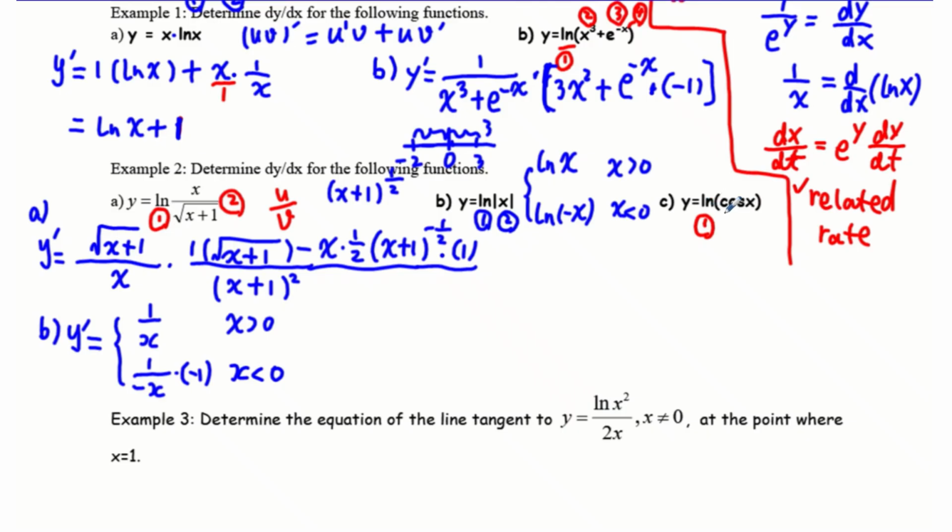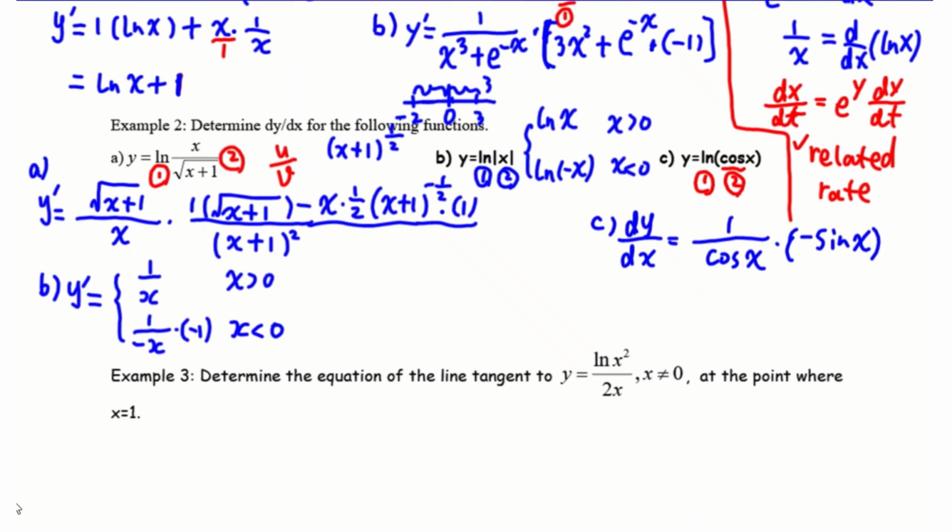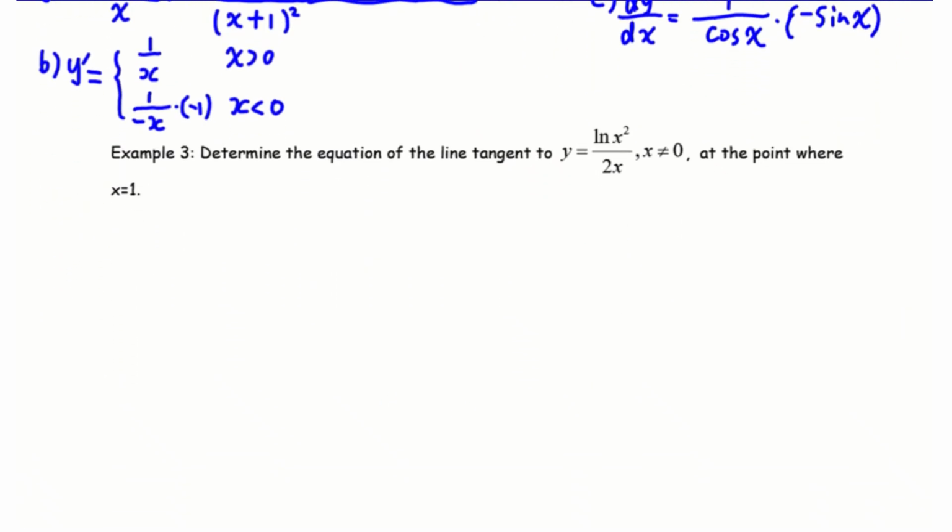From outside, then do the inside. So the ln derivative, dy over dx, is the reciprocal first, then times the cosine derivative, which is negative sine x, then it's done. So this is a practice on finding the derivative of the log.